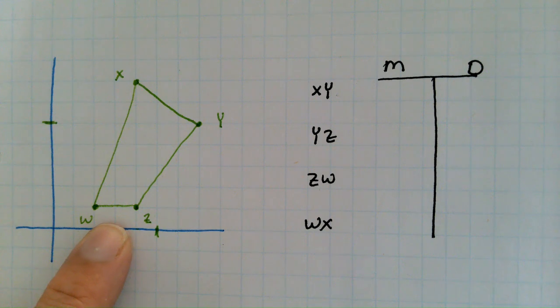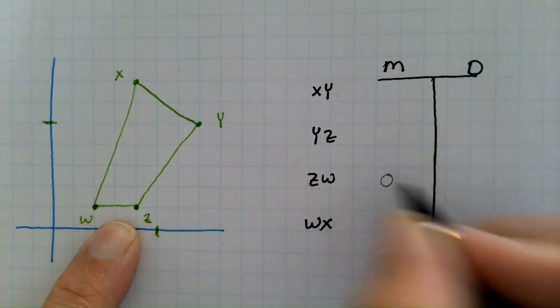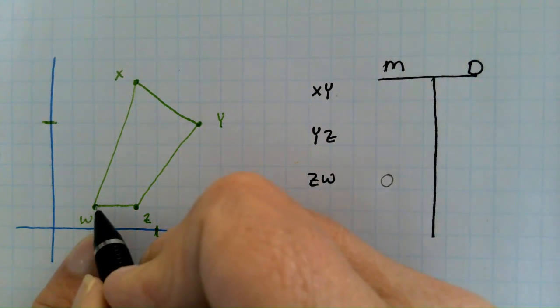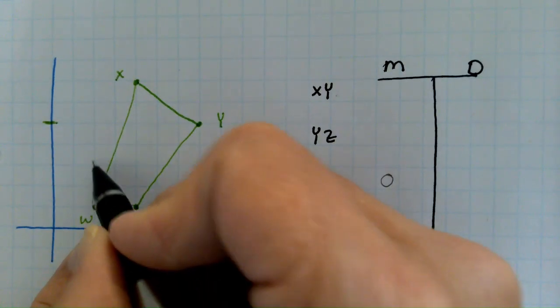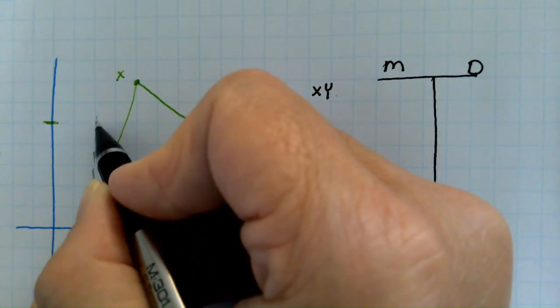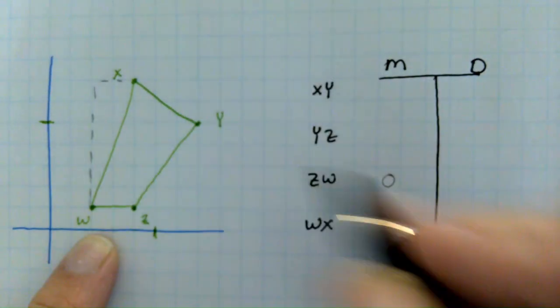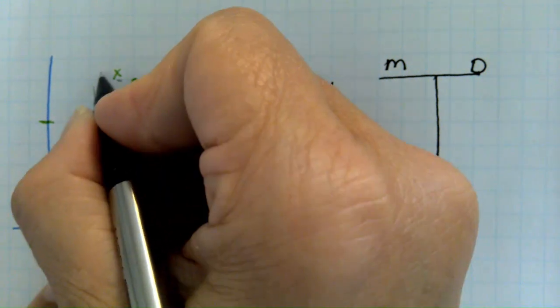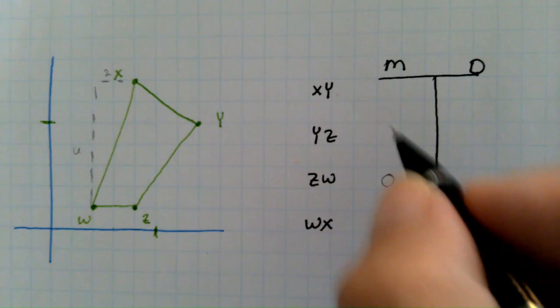Okay, I like doing slope first, so W to Z is the easy one. That did not go up or down, so 0 slope. We have 1, 2, 3, 4, 5, 6, and 1, 2. So we went up 6 over 2. So 6 over 2 would make 3 over 1.